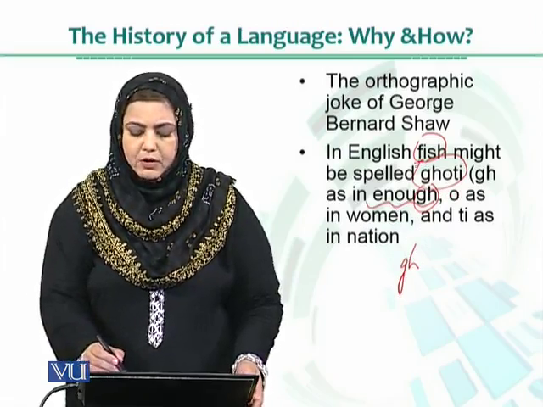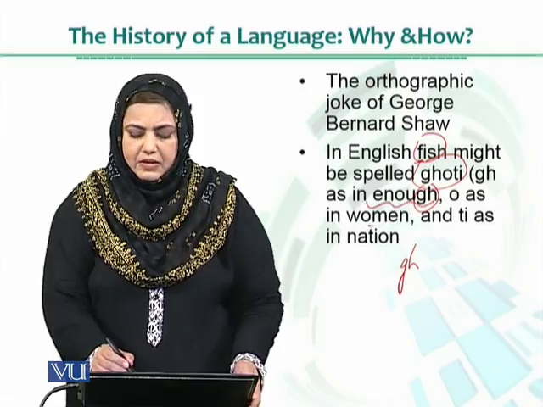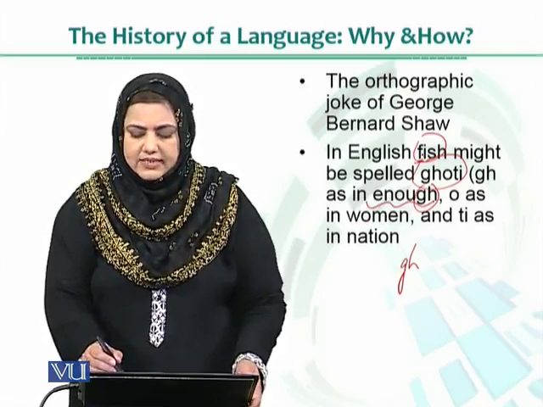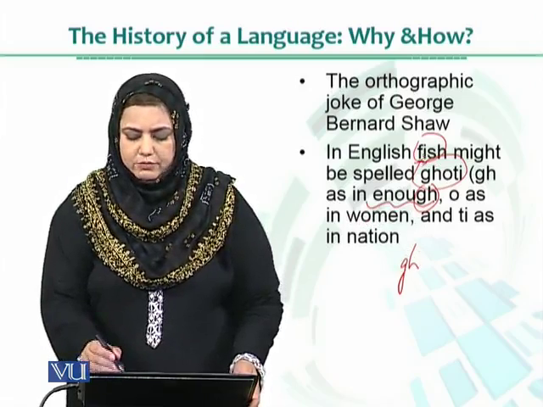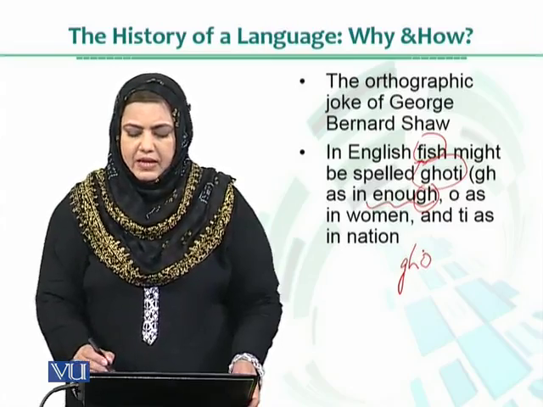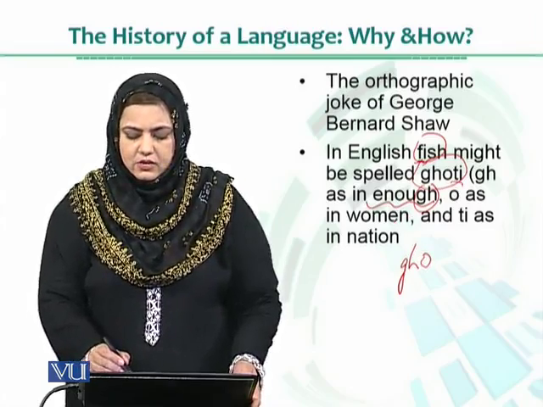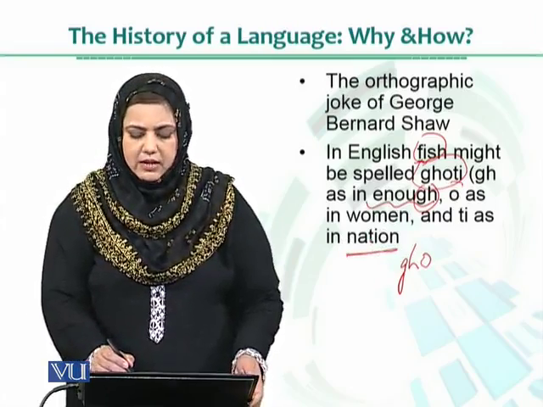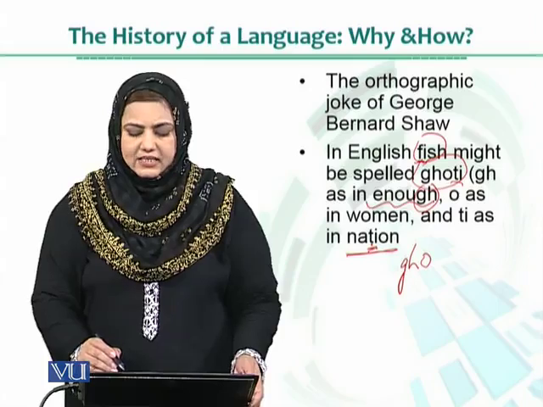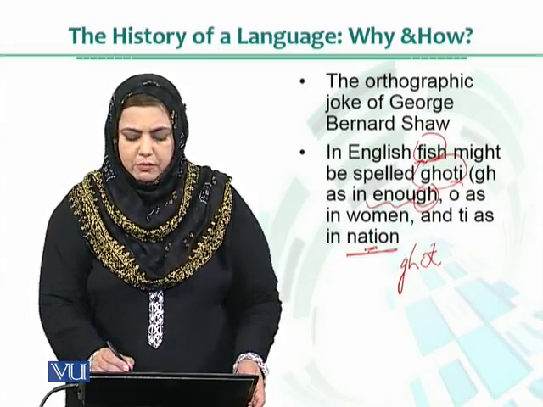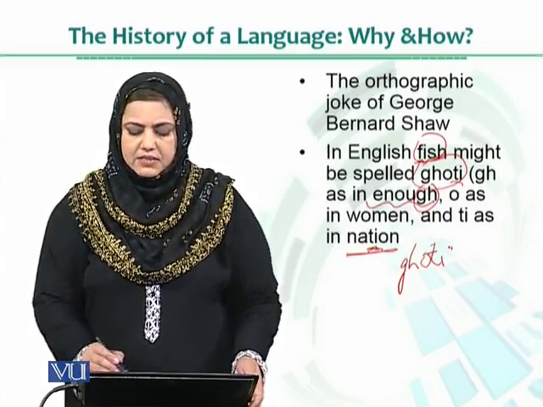Because this is not produced as o, this is produced as the i sound, as in women. So he says if it is replaced with this i of the fish, and we take this t as in nation, here the sh sound is produced, but interestingly, ti is used. So if we take that instead of this sh sound, this becomes goatee.